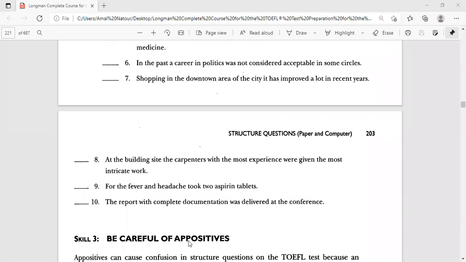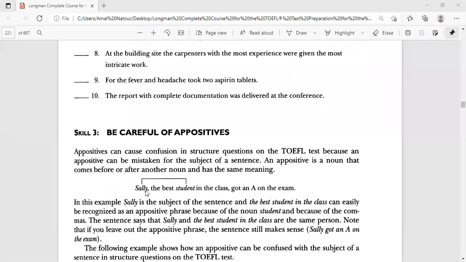Okay, appositives can cause confusion in the structure section of the TOEFL test, because an appositive can be mistaken for the subject of a sentence. An appositive is a noun that comes before or after another noun and has the same meaning. Look at this example.